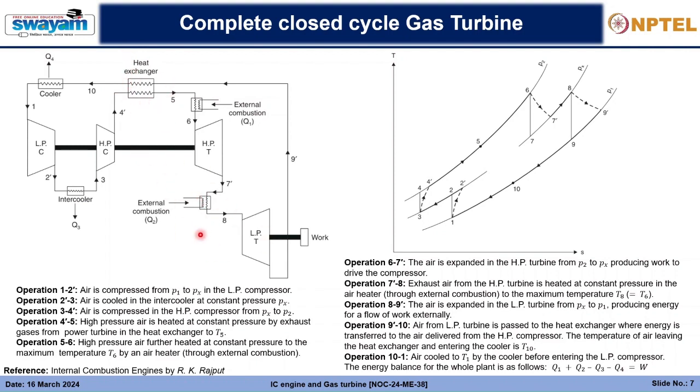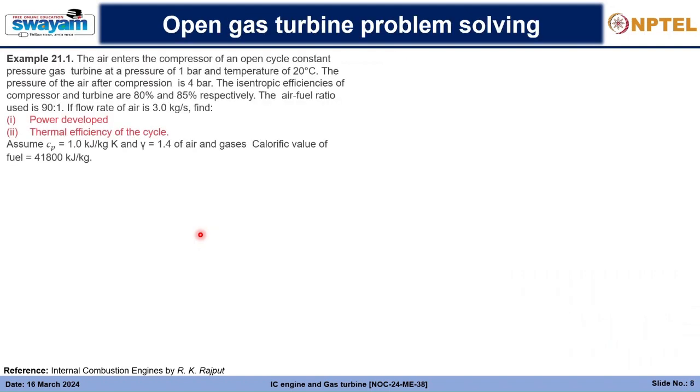to simultaneously increase the specific work output, as well as increasing the thermal efficiency. So that's about the closed cycle gas turbines.